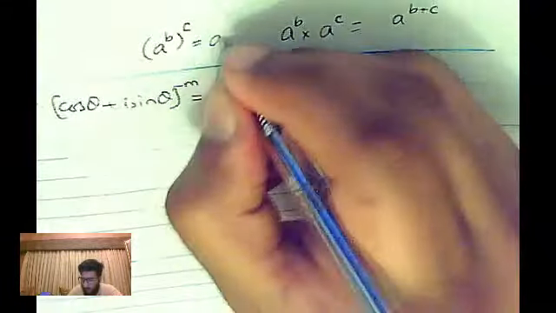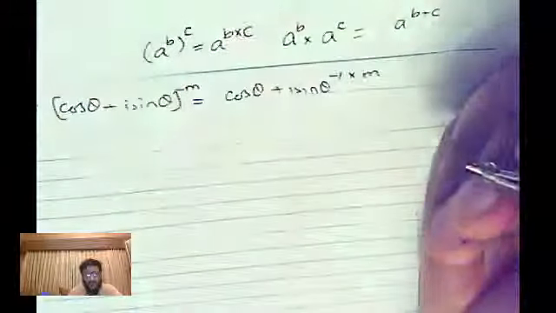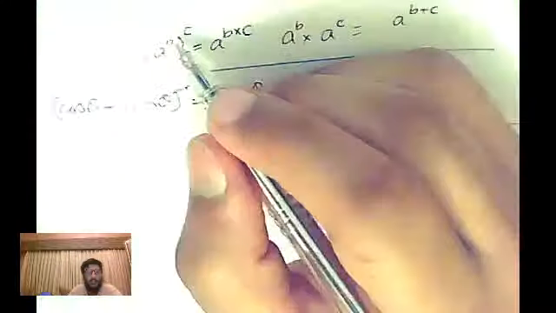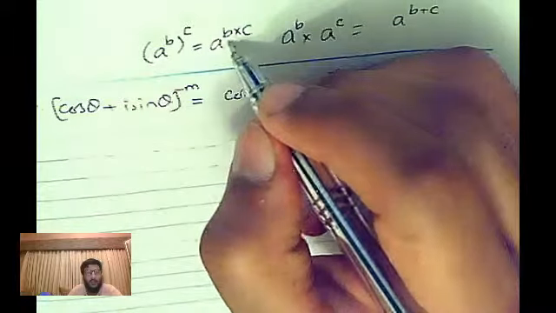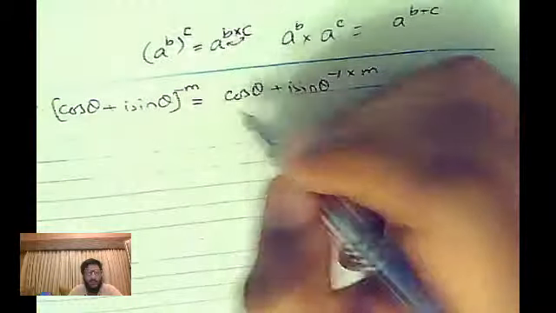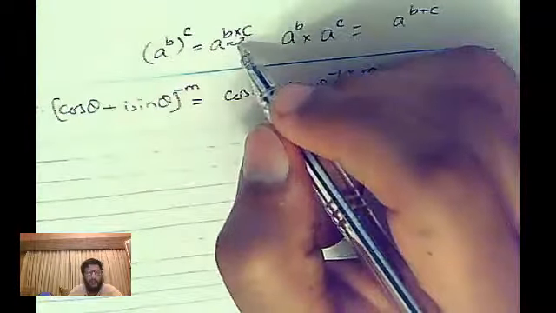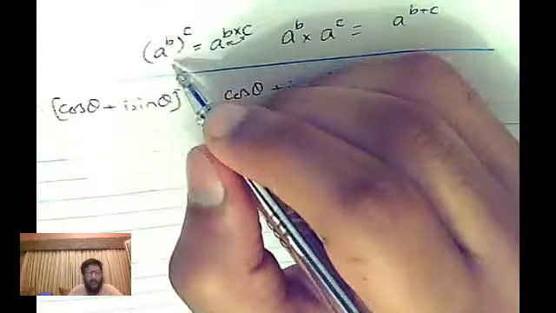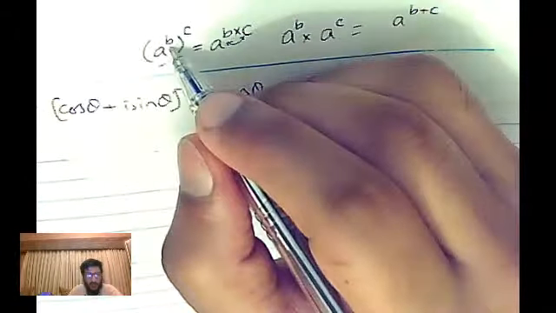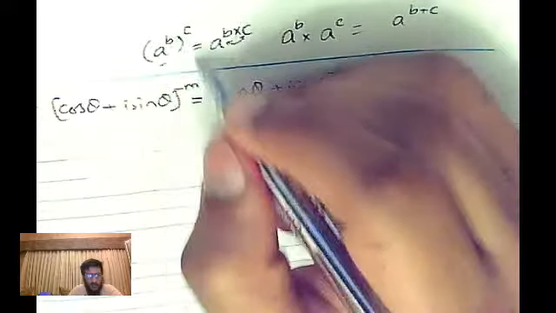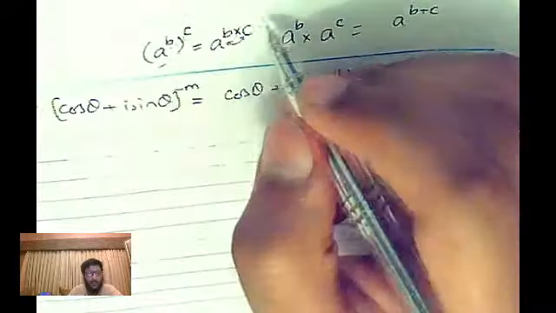Then we can write a equals b times c, right? So if the two powers are multiplying with each other, how are they being multiplied? When the base is being raised to a power and the whole thing is further being raised to another power, see what I mean?